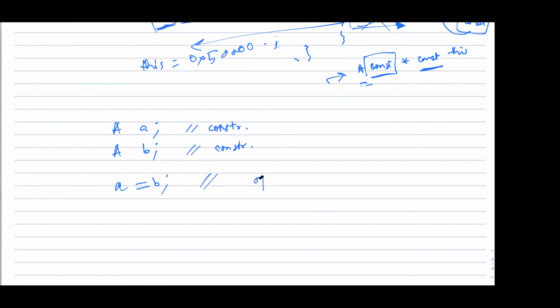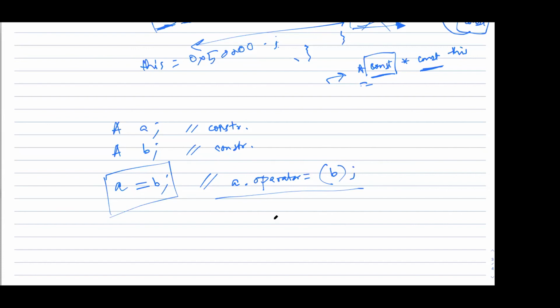This is equivalent to writing operator equal to, because this is a function, calling B, but you're calling it on A dot. So this is not a naive equal-to operation when it comes to objects. Behind the scene, this is what is happening. Is that clear?